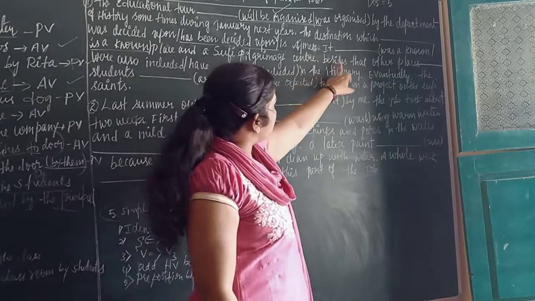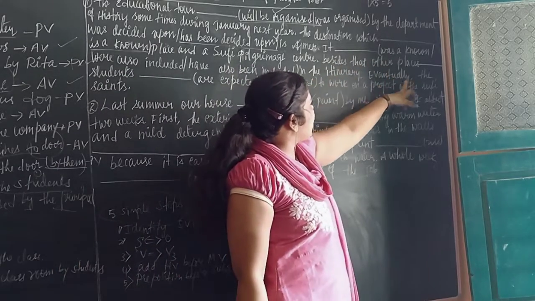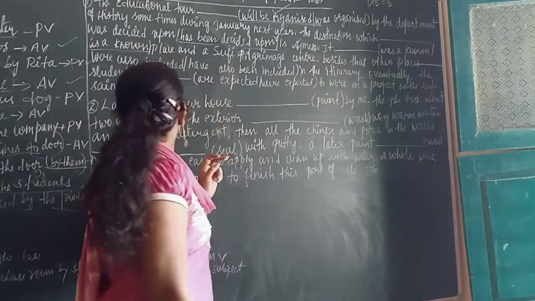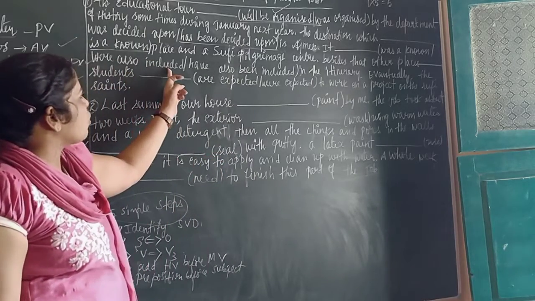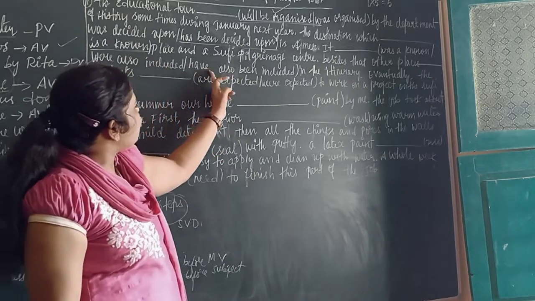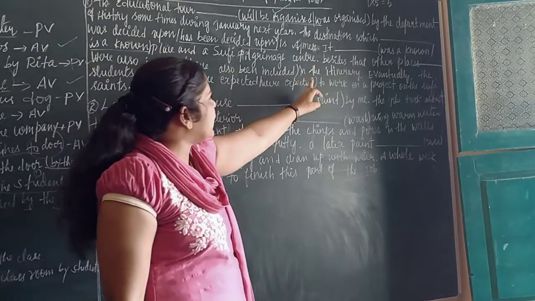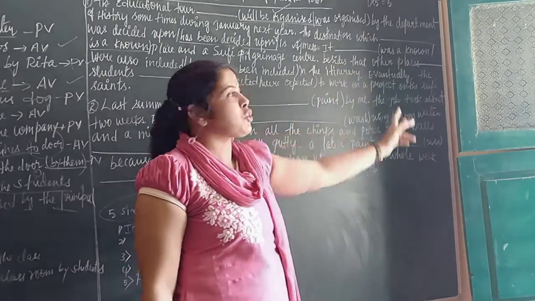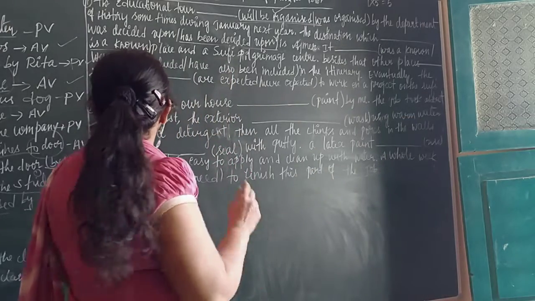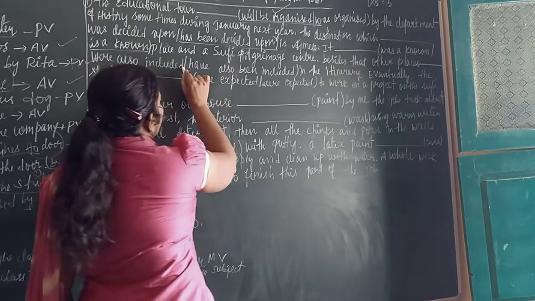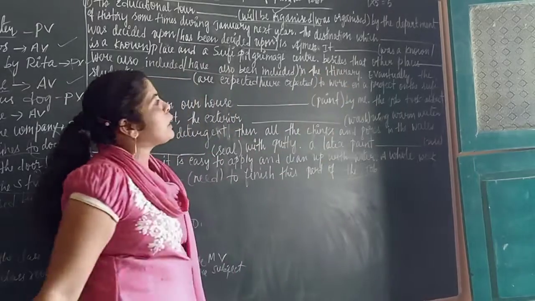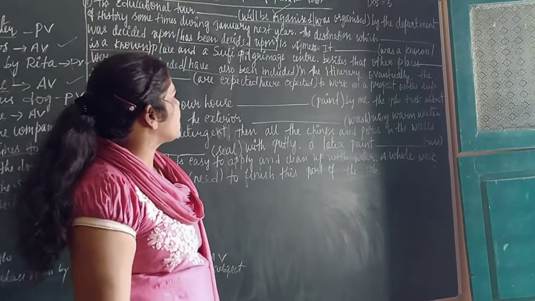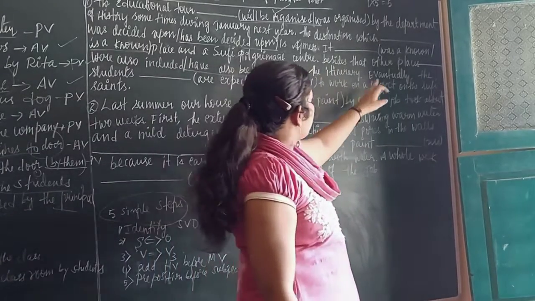Besides that, other places dash were also included or have also been included in the itinerary. Itinerary means it is an educational tour. So we have to take the verb have also been included. It is the present tense form of passive voice.